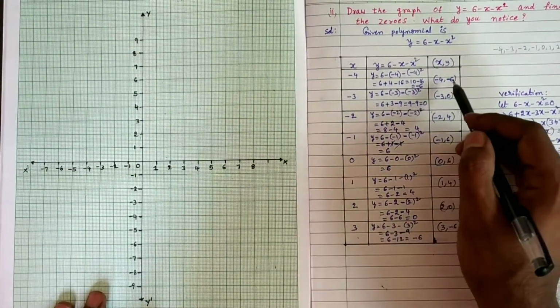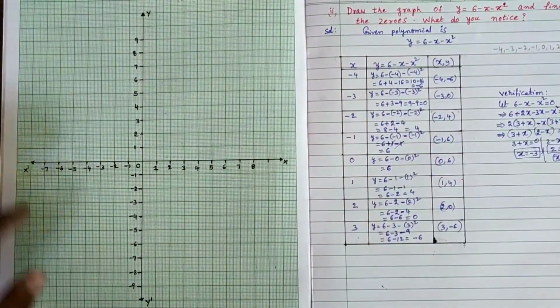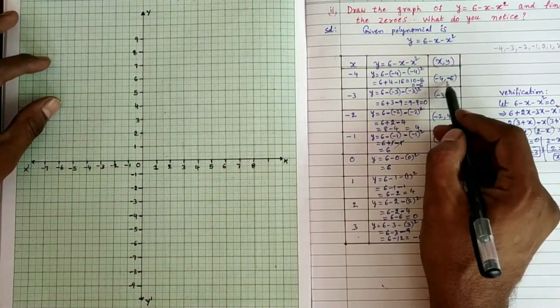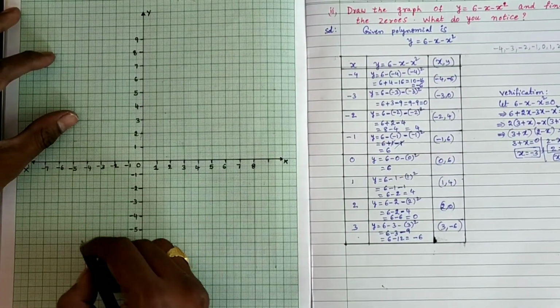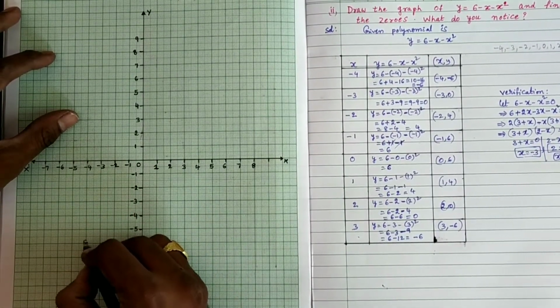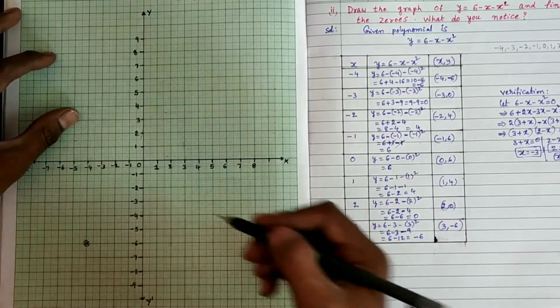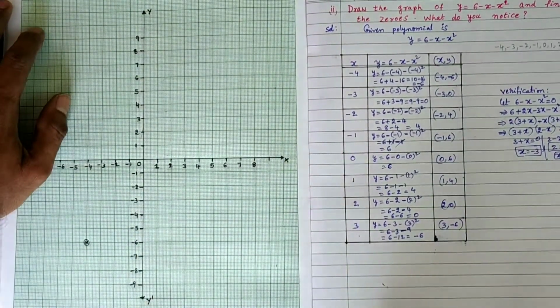The first point is minus 4 comma minus 6. So x minus 4, y minus 6. This represents minus 4 comma minus 6.